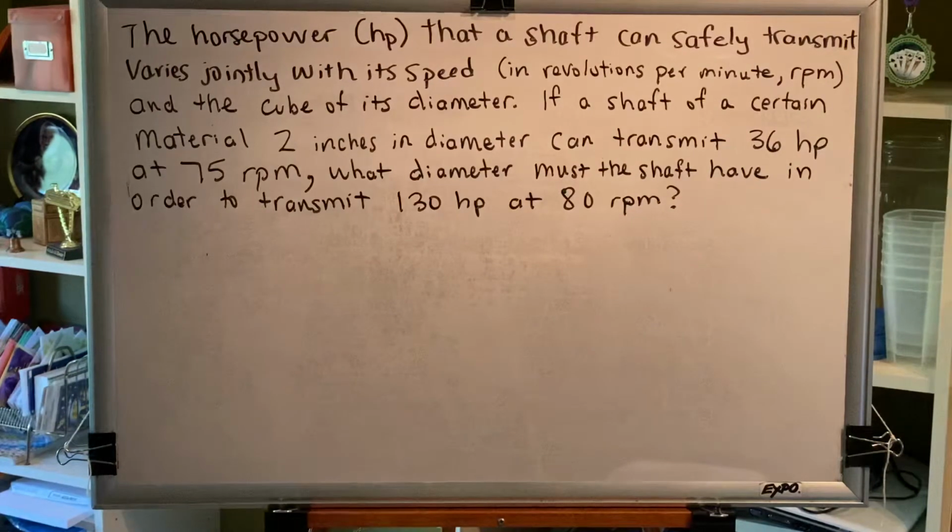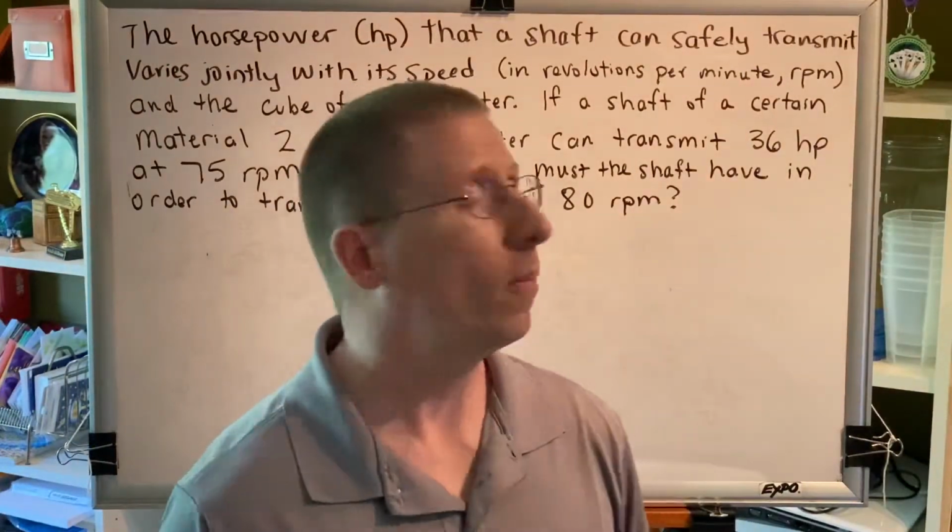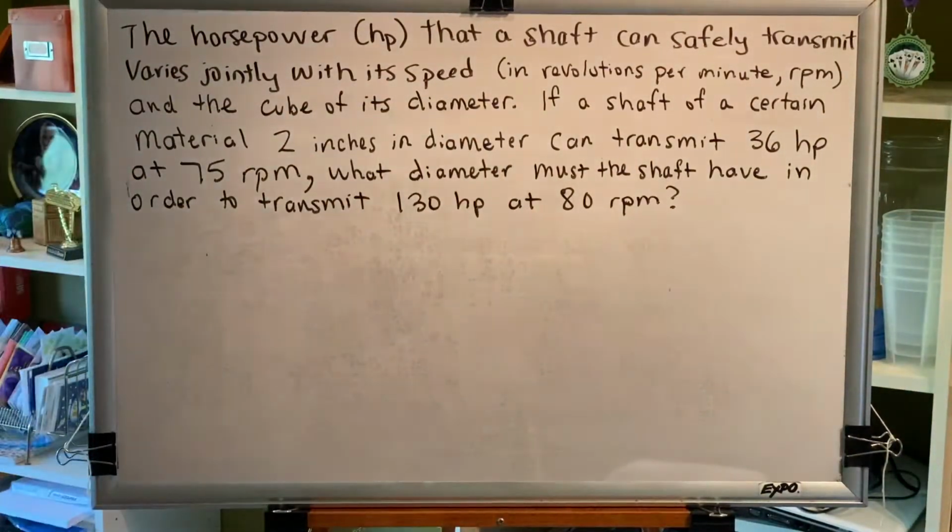All right, step 1. Write the quantity or expression that varies followed by equals. Well, it says the horsepower that a shaft can safely transmit varies. So you might notice that there's no variable provided in this problem. HP is not a variable, it's a unit of measurement, like inches. So we have to come up with a variable to represent horsepower.